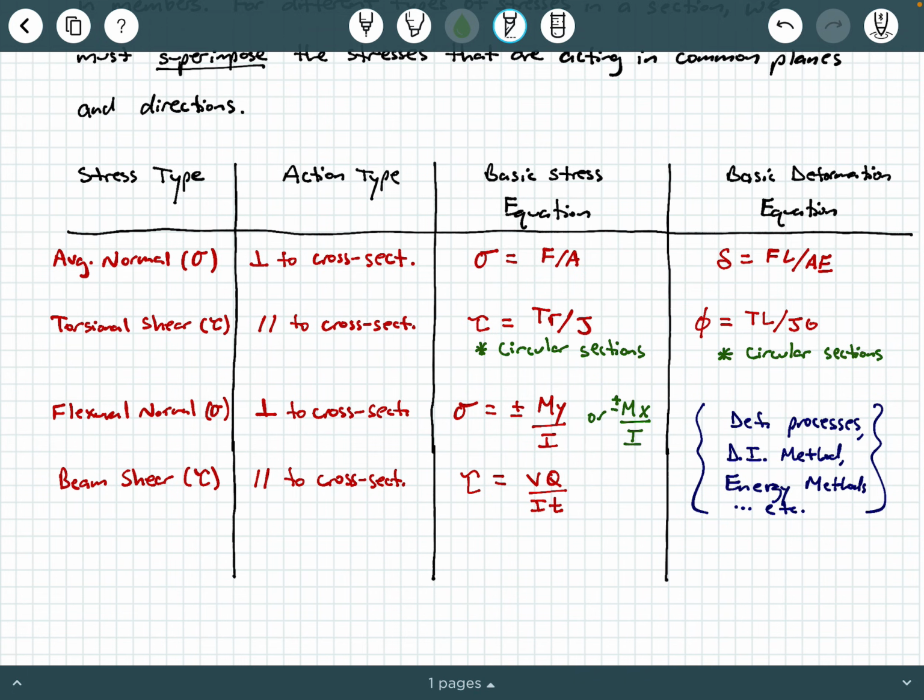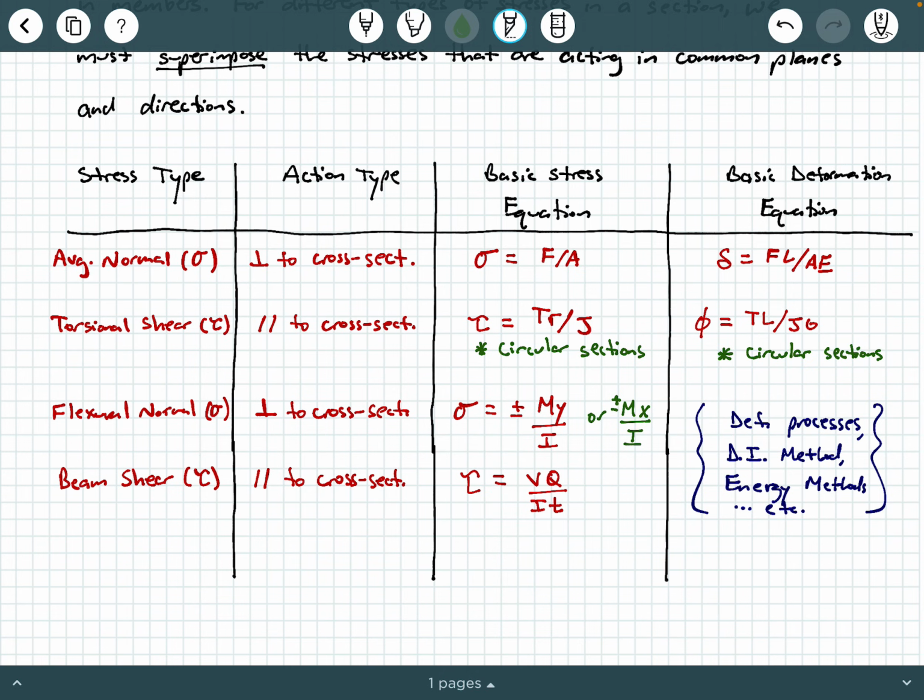That'll also affect whether you're looking at a moment of inertia about an x-axis or about a centroidal y-axis. So this is just meant to be the basic stress equation. Depending on your specific problem, it could manifest itself in a different way. I'm going to skip the deformation associated with flexure for now. I'm going to come back to that in a minute.